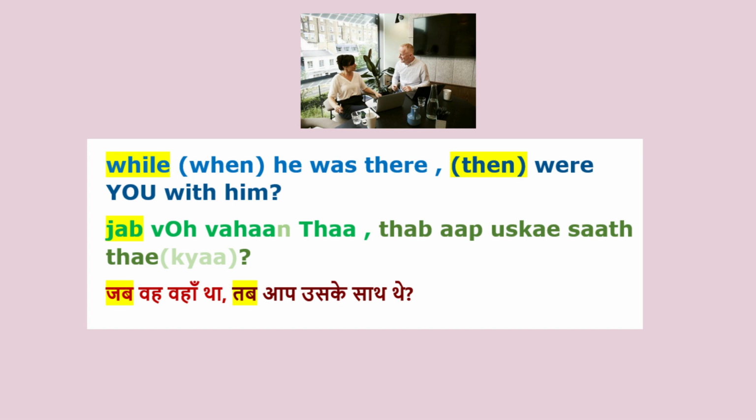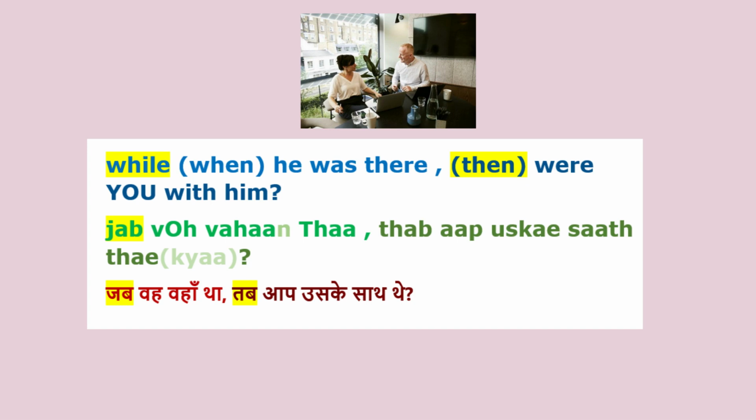Now let us look at the past tense statement sentence. Now it becomes a question, but the question is for tab. So while he was there, were you with him then? Here it means then, here means at that time. The time when he was there, were you also with him?